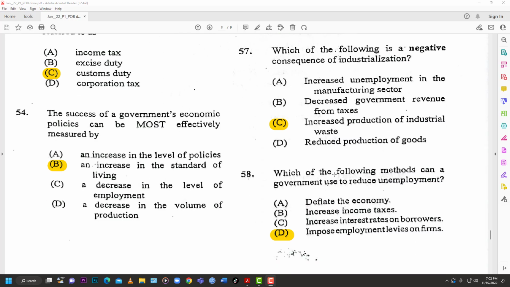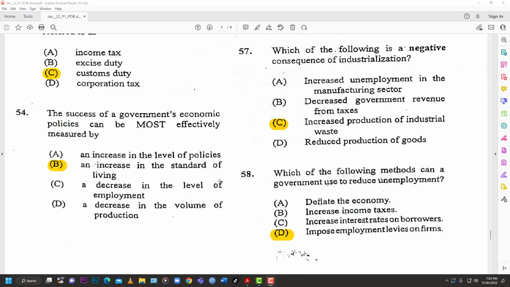Number 57. Which of the following is a negative consequence of industrialization? So look through the list. Which one is negative? Increased unemployment in the manufacturing sector. That cannot be because it's industrialization, and so that would increase employment. Right? That would not happen under industrialization. If you're industrializing the country, that means you have more manufacturing, and so therefore increased unemployment in the manufacturing sector, that's not going to happen.